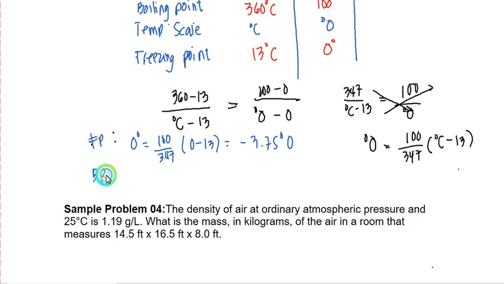Next we have your boiling point. So kabalo kita, aton boiling point is 100. So substitute lang tadi 100. We have 100 over 347 multiplied by 100 minus 13.